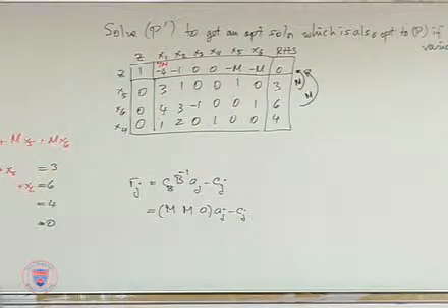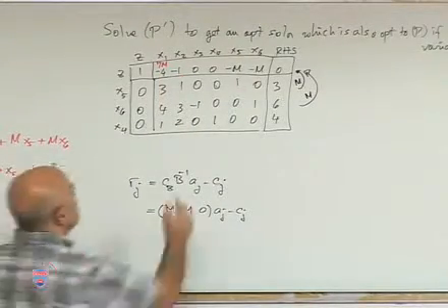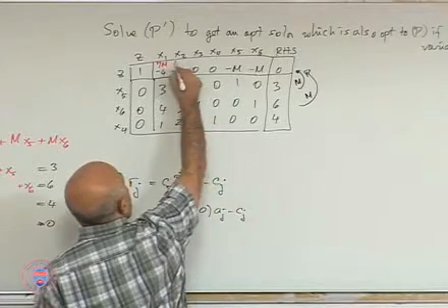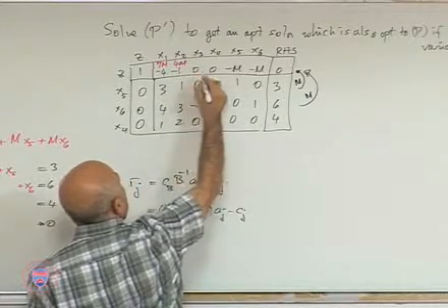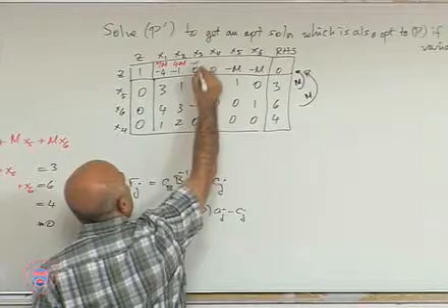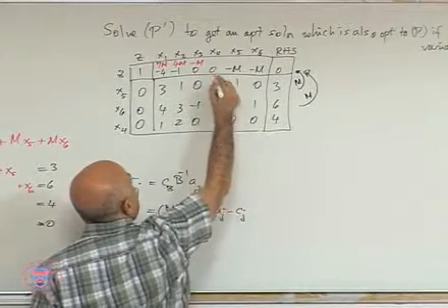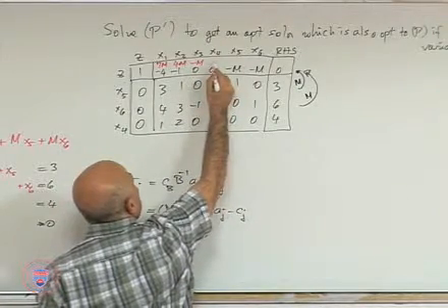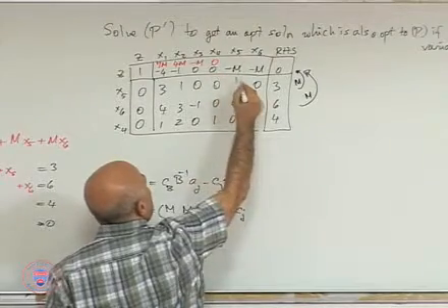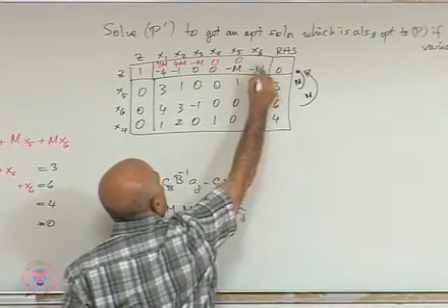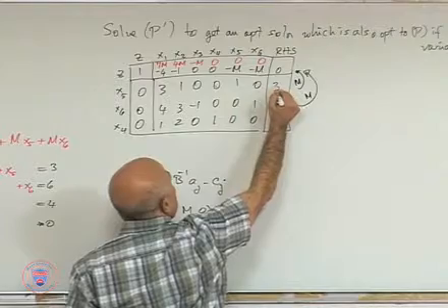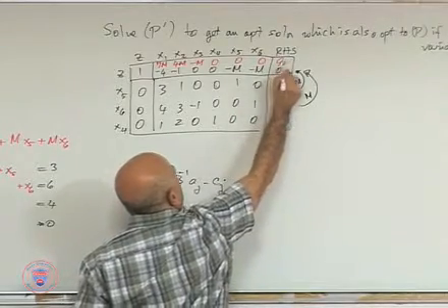The minus 4 stays there. This one gives you 4m minus 1. This gives you minus m. This is still 0. This one is 0. This one is 3 plus 6, 9m.